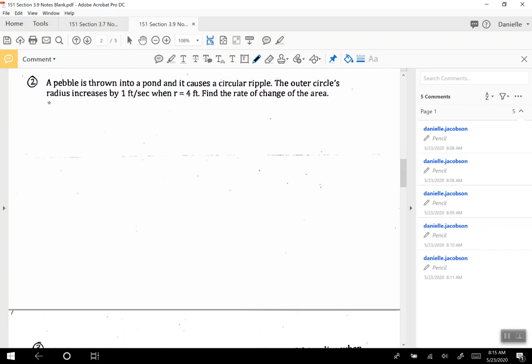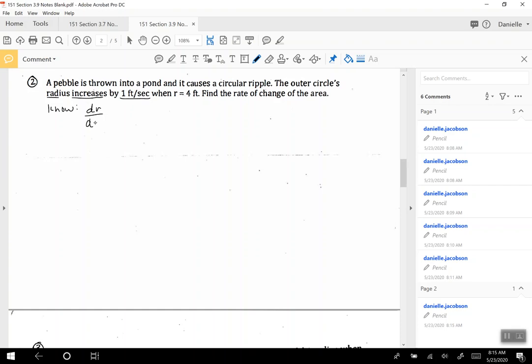The given information says the outer circle's radius increases by 1 foot per second when r is 4. This is a piece of information that we know, so I'm going to write it down in math terms. It says the outer circle's radius increases, and I see that 1 foot per second is a rate. So the rate of the radius increasing is dr. I see that the units are seconds, which means this is with respect to time.